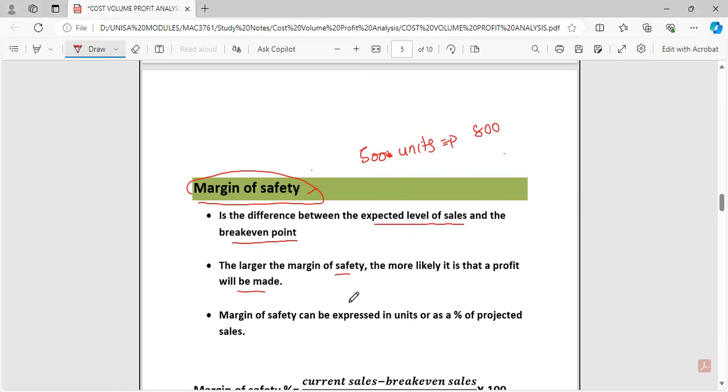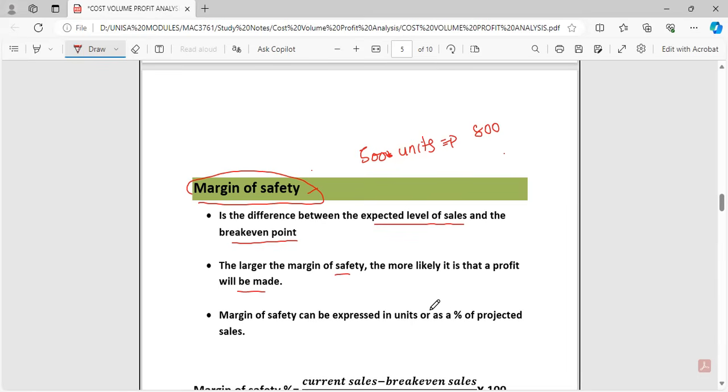And the business is safe because the business is going to be safe if it is far from the break-even point. Even if sales drop, you are still going to make profit.